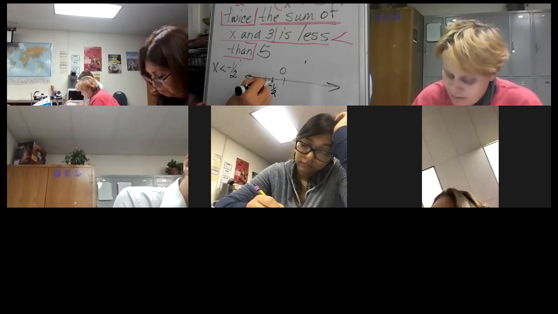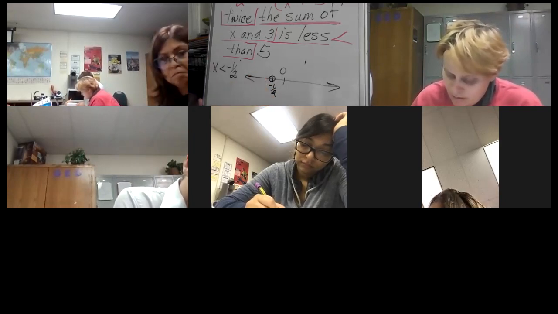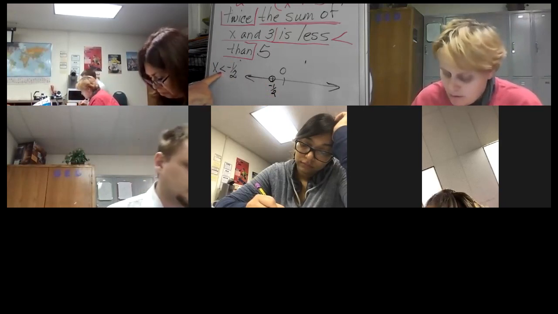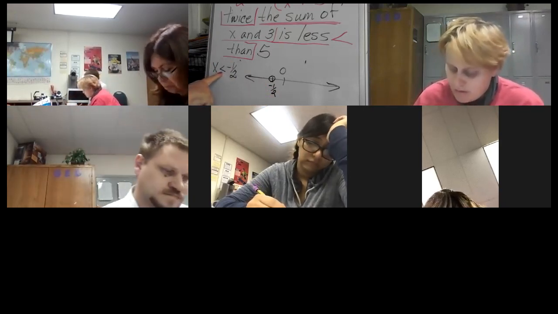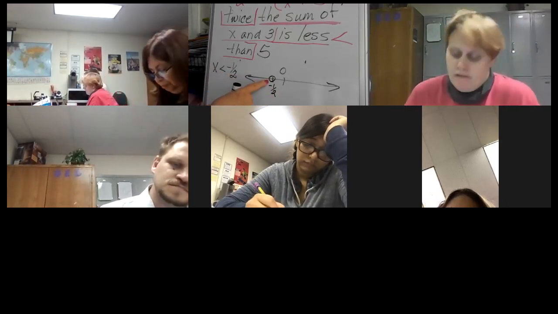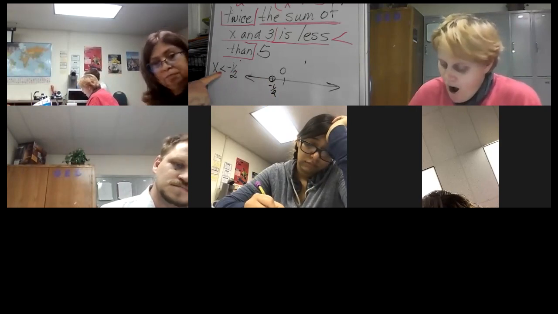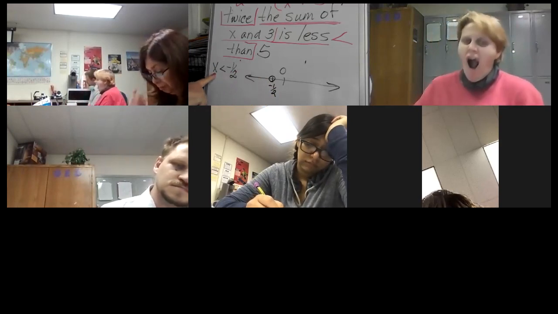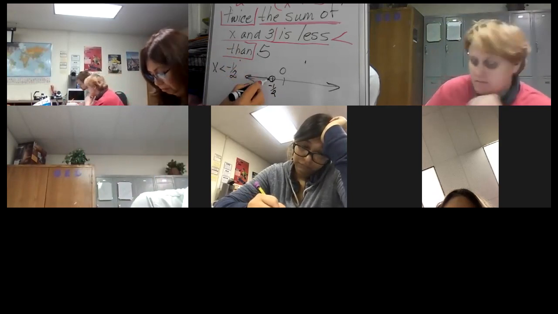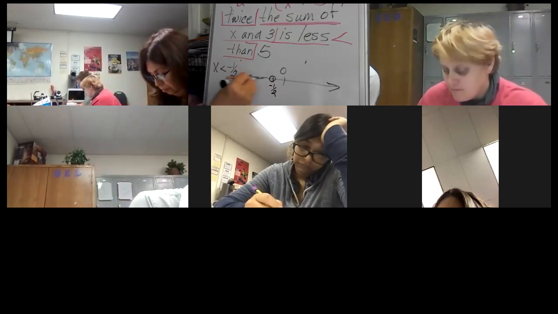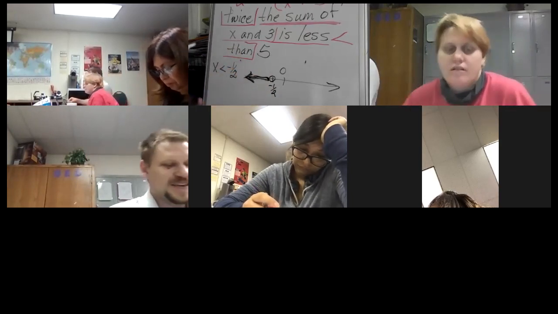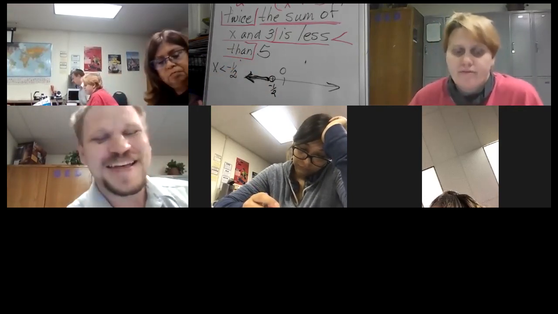It does not have an equals in the answer, so we have to leave this open because it's not equal to. And then it says x is everything less than, so it goes the less than side. This is smaller going this way. Y'all see?